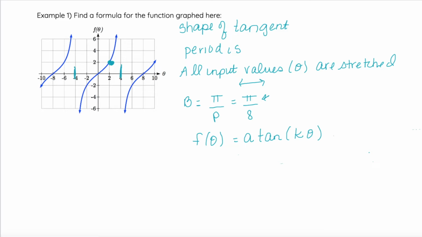Now that we have a general form, we need to talk about how we obtain A, because A is associated with the vertical stretch. But we do know right now that pi over 8 will be replaced with k, since k is our horizontal stretch that's happening here.